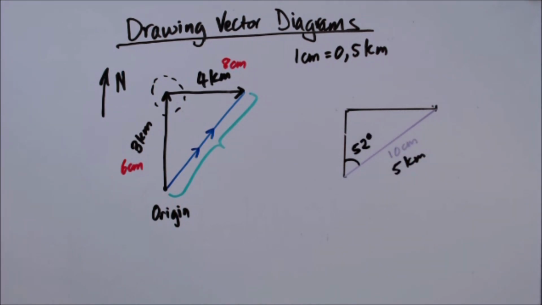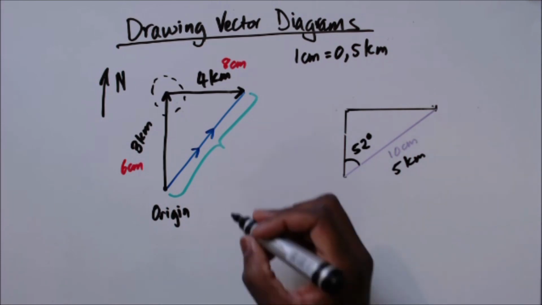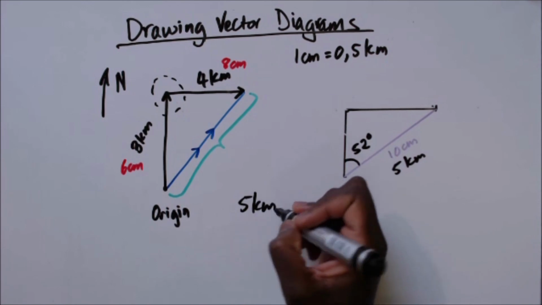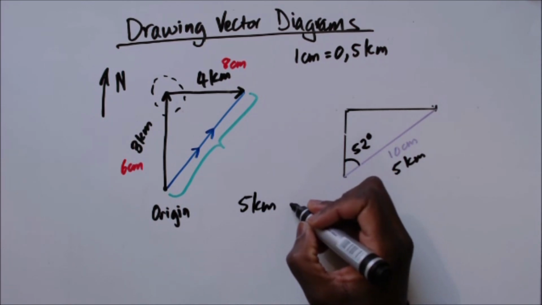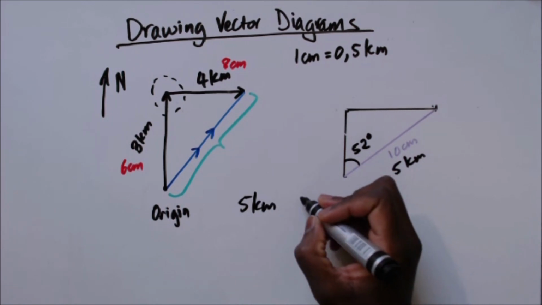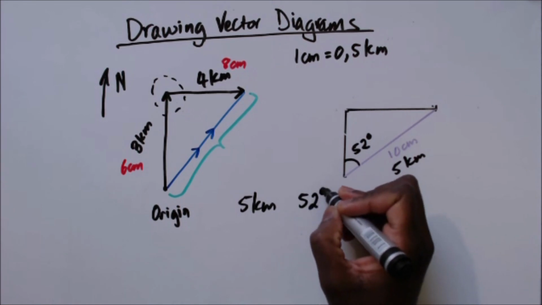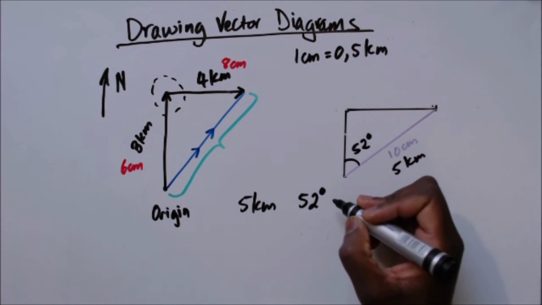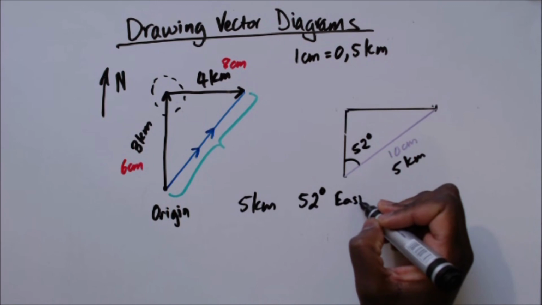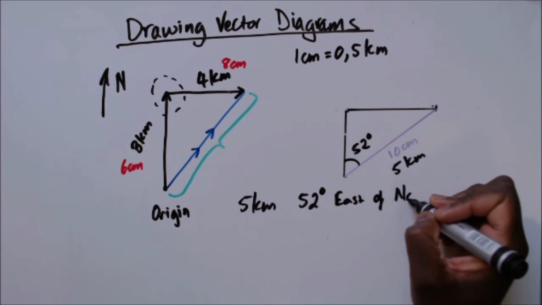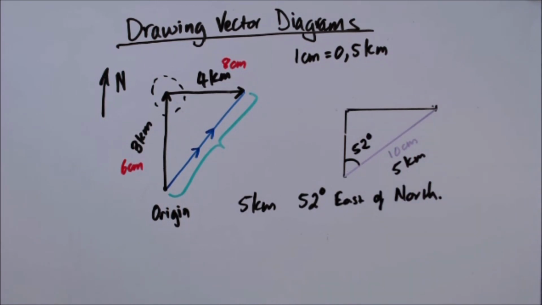So I can say that Jane's final displacement is 5 kilometers in a direction which is 52 degrees east of north. And that's how I can draw a simple vector diagram which is in 2 dimensions.